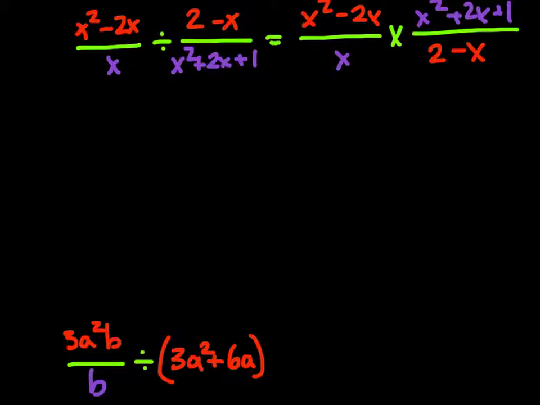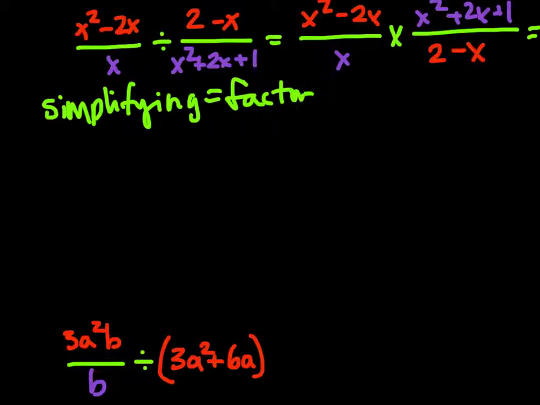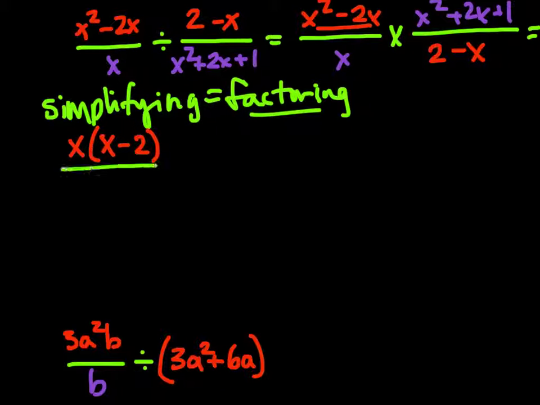After that, let's do a little simplification, and as we know, simplifying means factoring first. Factoring is super important. So let's factor our top expression. We have x squared minus 2x, so it looks like we have a GCF of x. So that becomes x times x minus 2. On the bottom, we just have x, so that's okay.